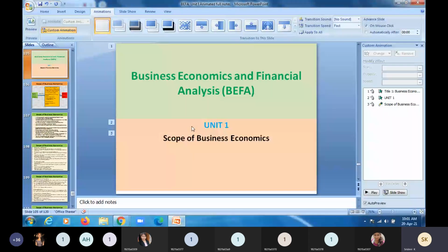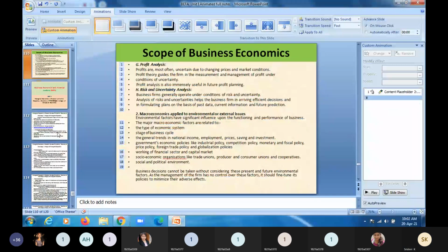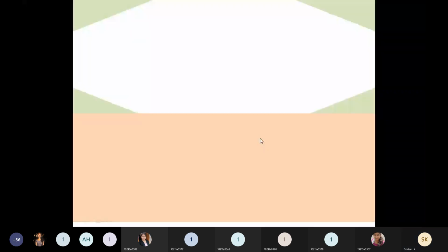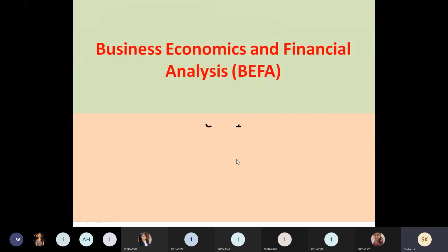And one more topic that we are going to cover here is linkages of business economics. Linkages means subjects that are linked up with your business economics.